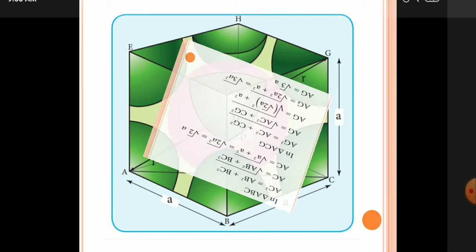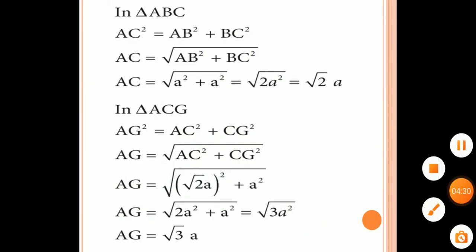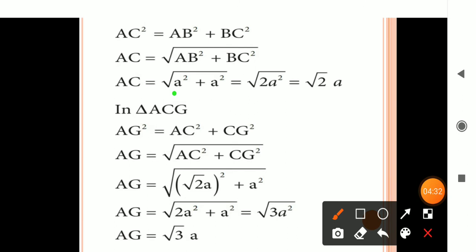Now this equation becomes AC is equal to square root of a square plus a square. When we add a square with a square, the answer will be 2a square. So we can write AC is equal to square root of 2a square. Now when the square root is applied separately for 2 as well as a square, you will get root 2 a. So what we have got?